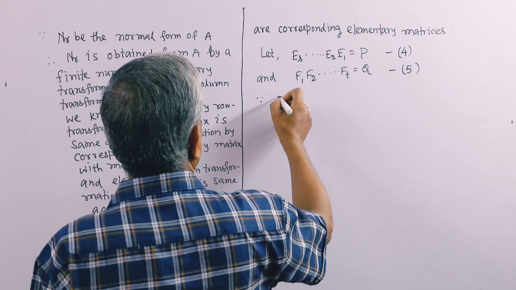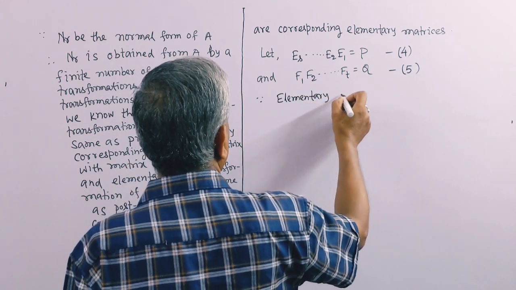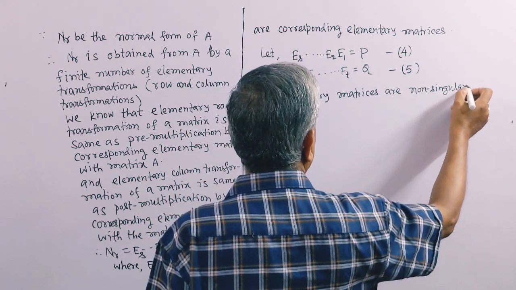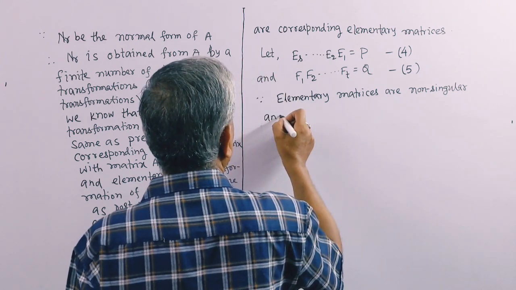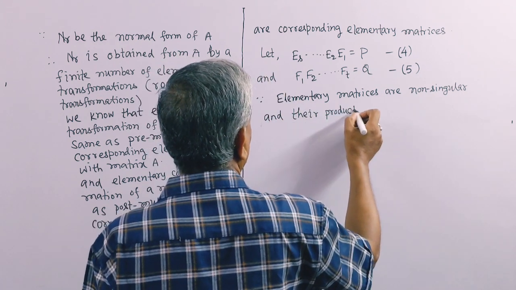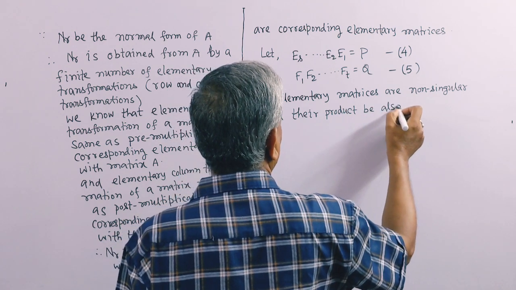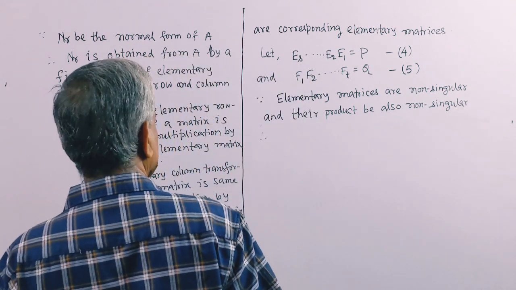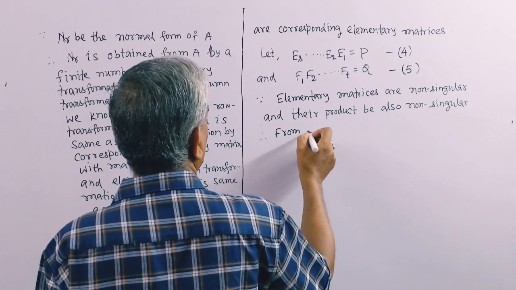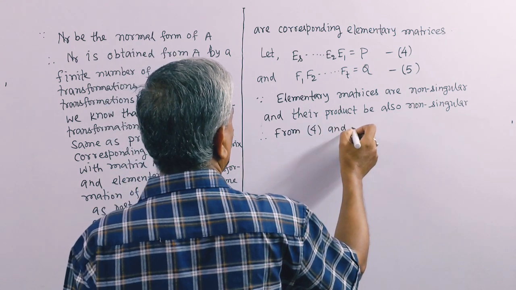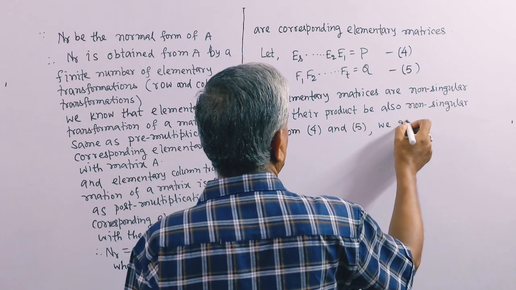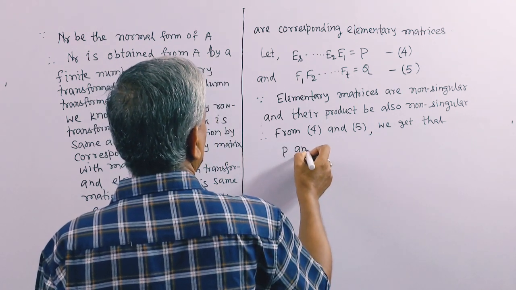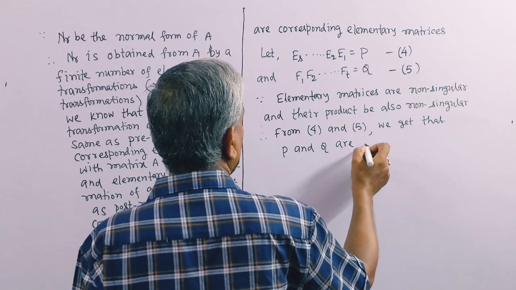Since elementary matrices are non-singular and their product is also non-singular, therefore from 4 and 5 we get that P and Q are non-singular.